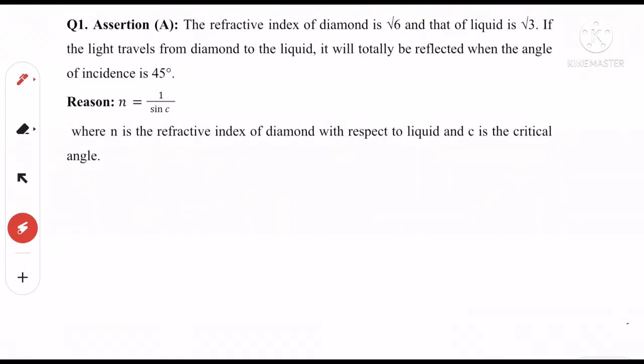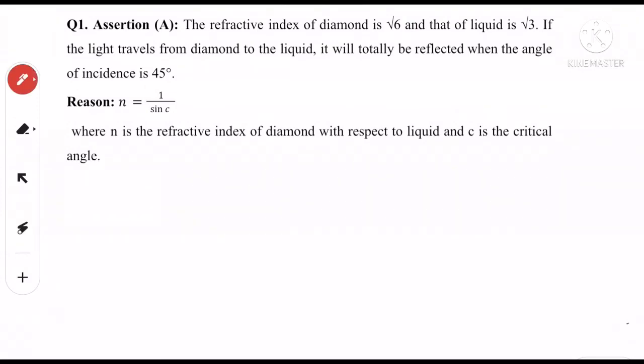The refractive index of diamond is under root 6 and that of liquid is under root 3. If the light travels from diamond to the liquid, denser to rarer medium, it will be totally reflected when the angle of incidence is 45 degrees. We have to check whether the given statement is true or not.